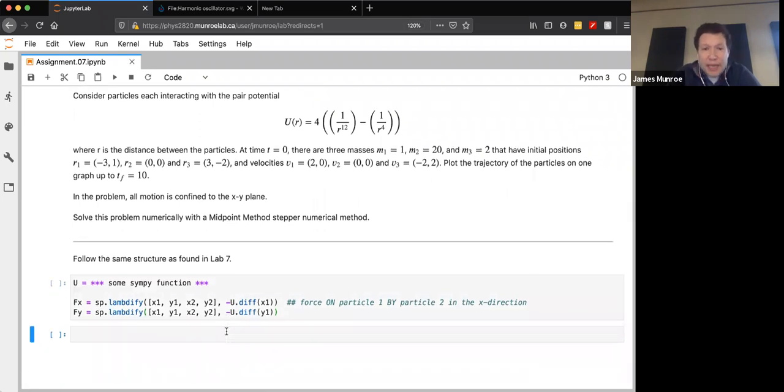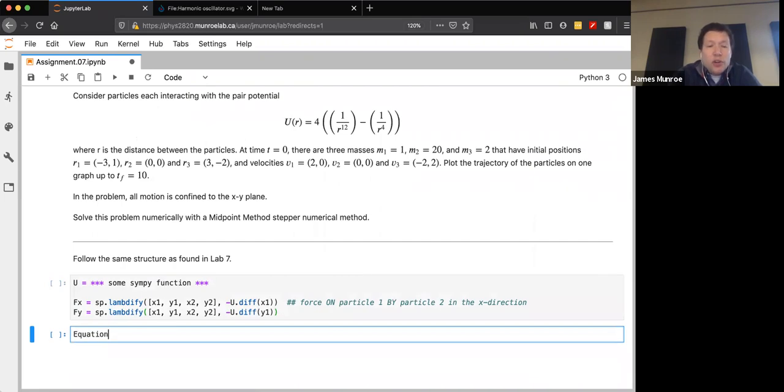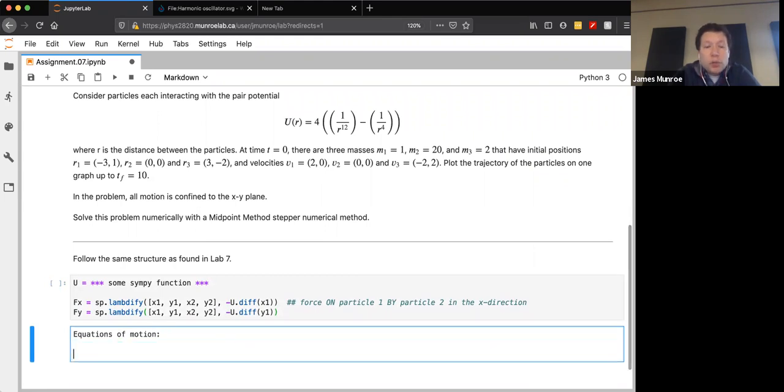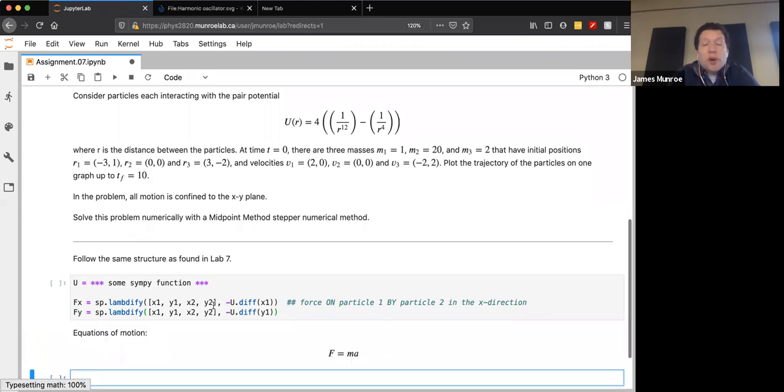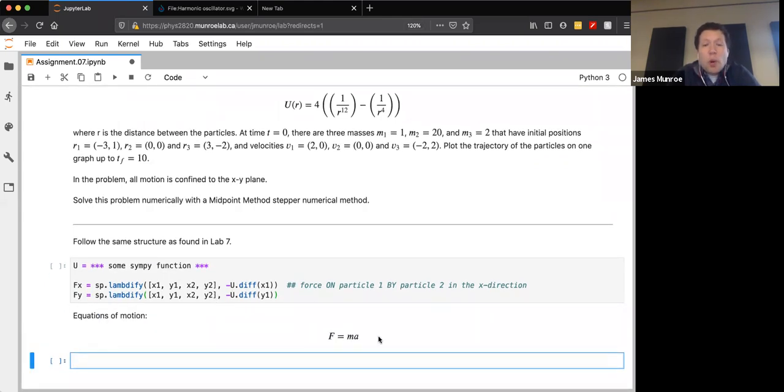The second big idea is to think about the equations of motion. Okay? So I want you to remember that one of the things you've been doing is you understand F equals ma, where F is the net force. Okay? So why didn't we do x3?